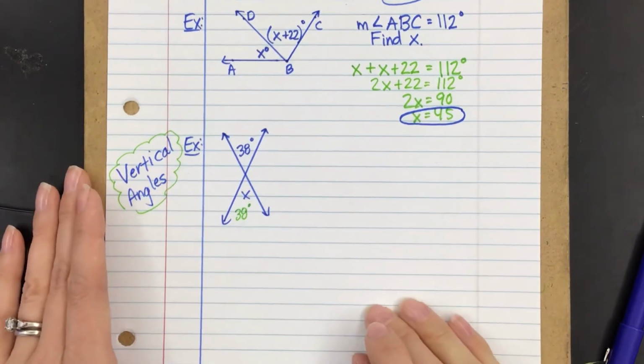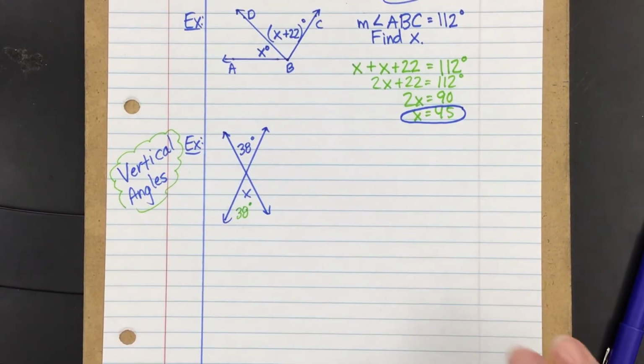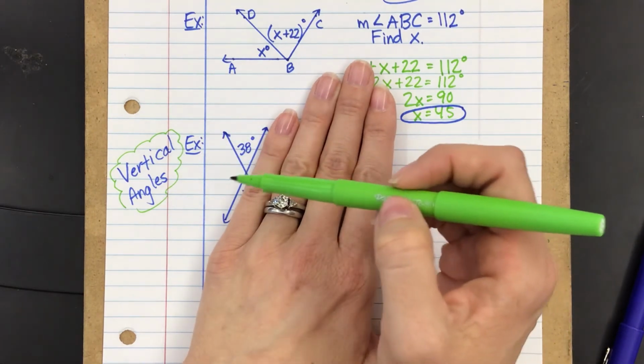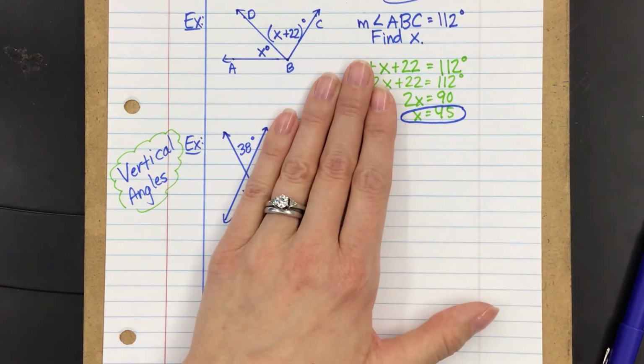Now, if I was to cover up this side of it, what would be the measure of this angle right here? Think you know it, raise your hand.